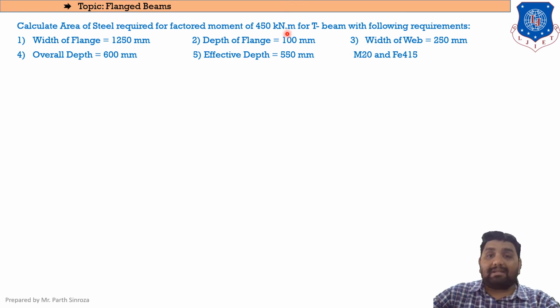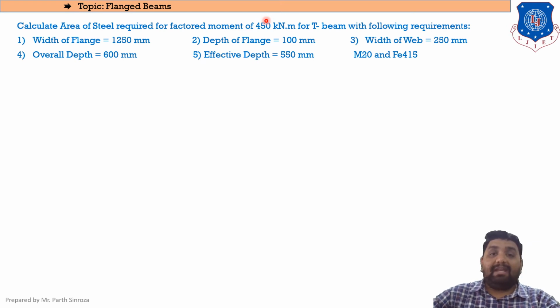As we discussed earlier, this statement is very important: whenever it is given that the moment or load is factored, there is no need to multiply the given load or moment by the factor of safety.